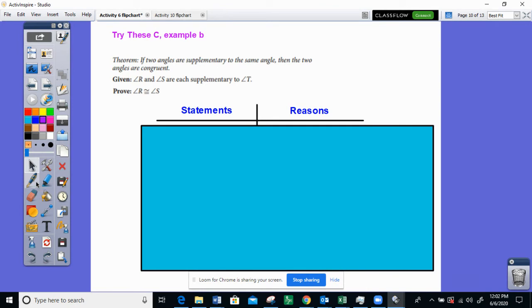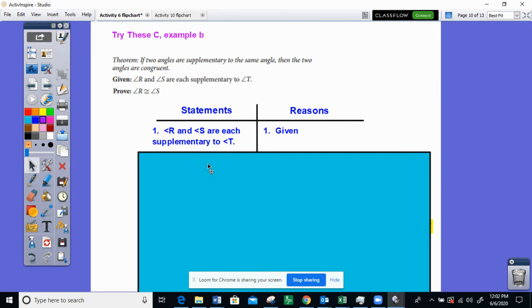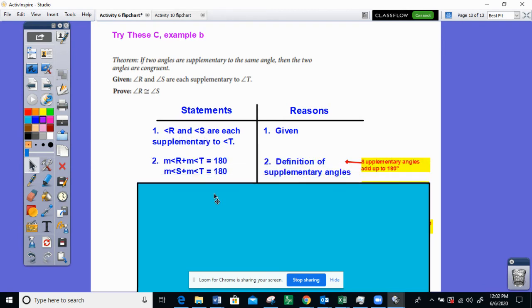Well, let's start off with the given information. Angle R and angle S are each supplementary to angle T. That's given. That's easy. Okay. If we know that, what do we know about supplementary angles? We know that supplementary angles are angles whose measures add to 180 degrees. So that means we can write out 2 different equations.